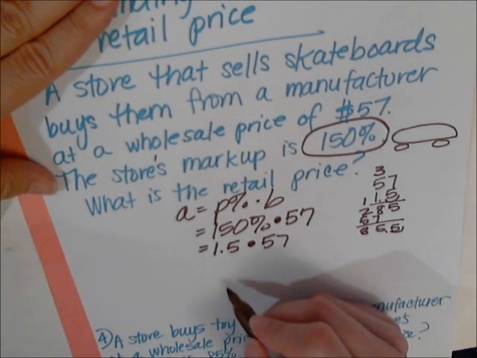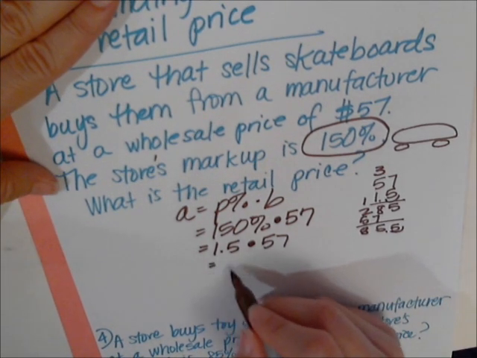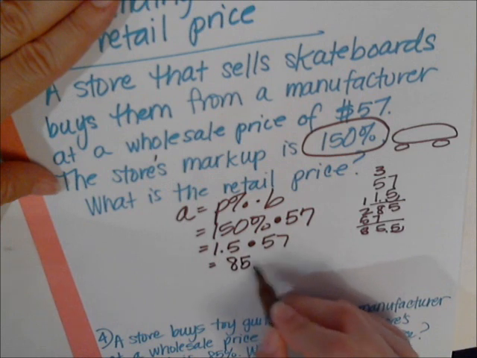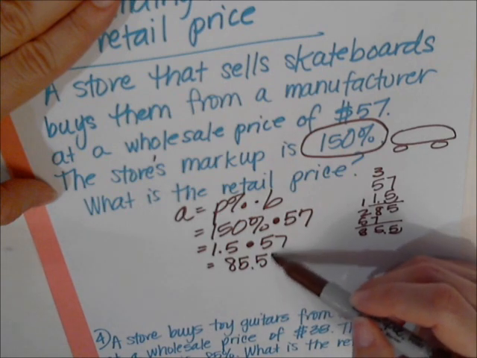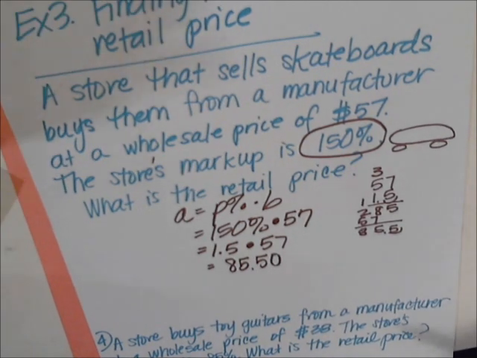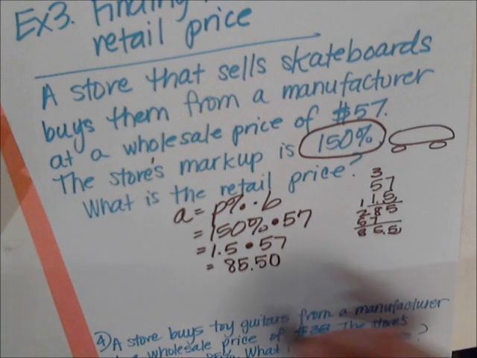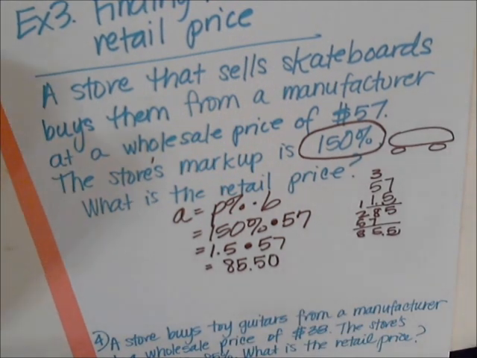So I get $85.50. Now, the store's markup is 150%. What is the retail price? So the retail price is actually going to be this plus the original $57. Actually, I want to make sure of that because, yes, it is.